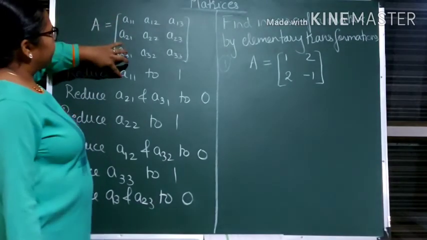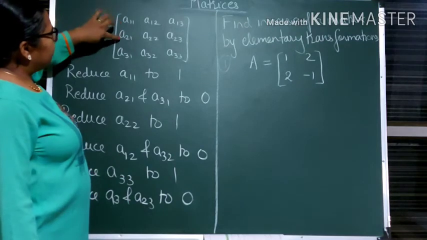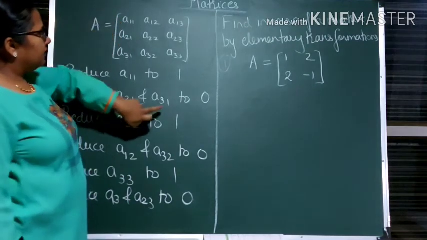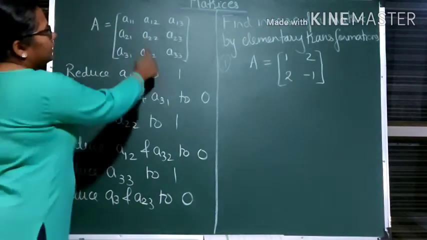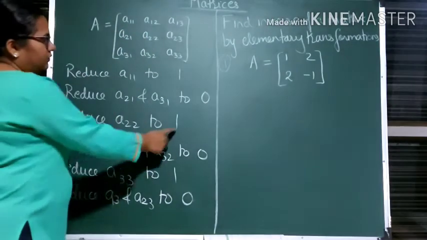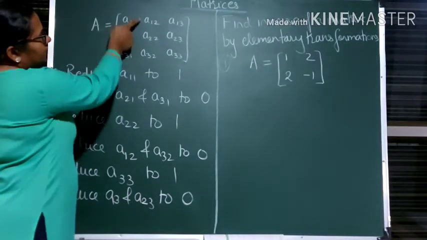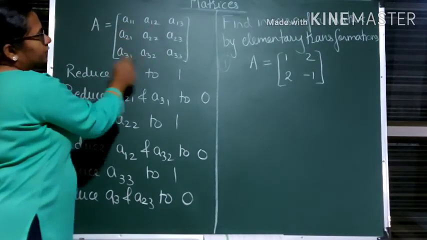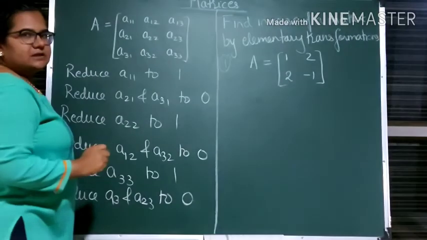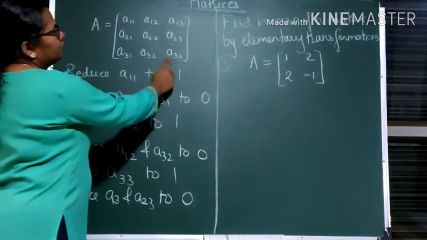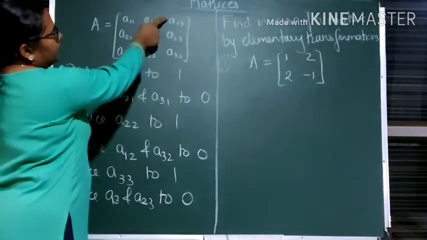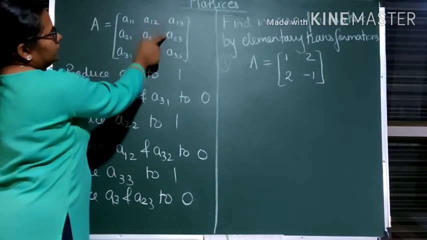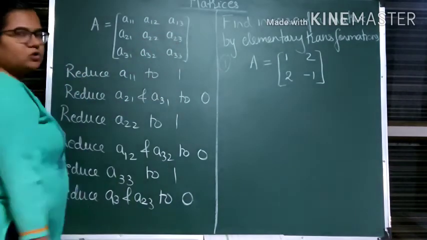Then you can use this 1 and convert the A21 and A31 elements to 0. The next step should be to convert A22 to 1, and then using this one convert these two elements, that is A12 and A32, to 0. Then the next step should be to convert A33 to 1, and the last step should be using this one to convert these two elements A13 and A23 to 0.